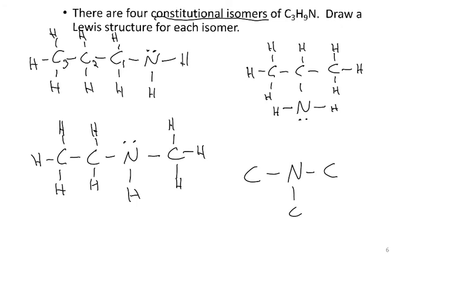It's got 3 bonds, so I think we can just give it a lone pair, and then each carbon needs 3 more bonds. 3 times 3, that'll take care of my 9 hydrogens. All right, and so now we have the 4 constitutional isomers with the molecular formula C3H9N.